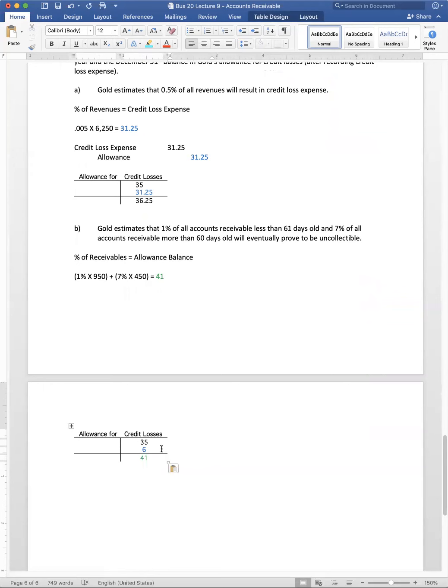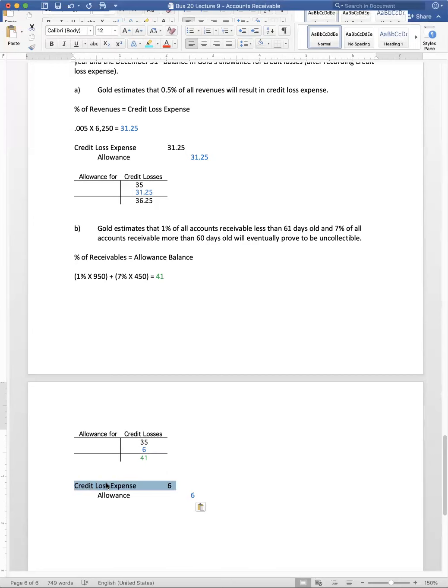Okay. Then that means we need a $6 credit to get from the 35 we've got to the 41 we want. So that $6 credit is going to be part of our adjusting journal entry. We're going to credit the allowance, and the debit goes to credit loss expense of $6.